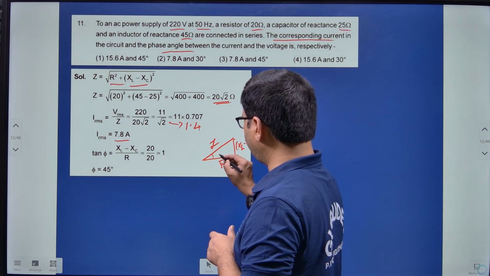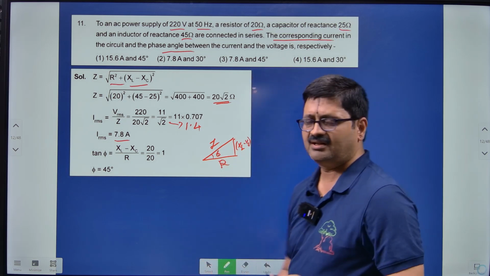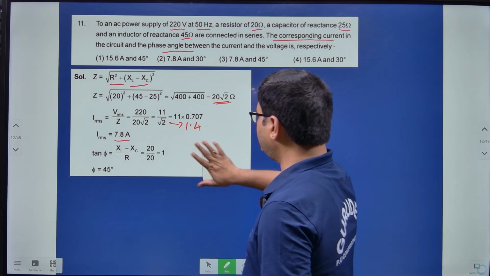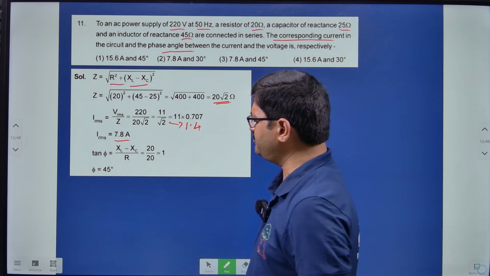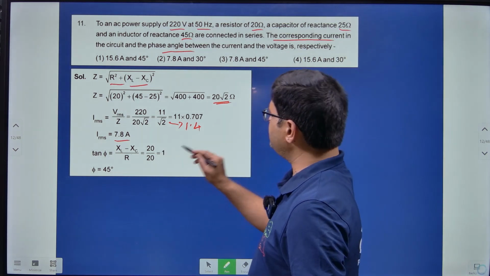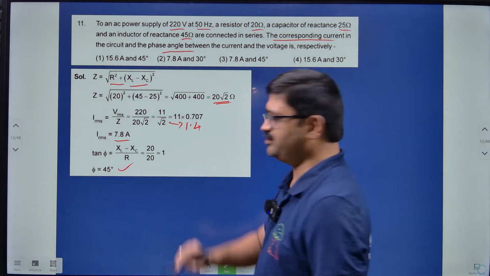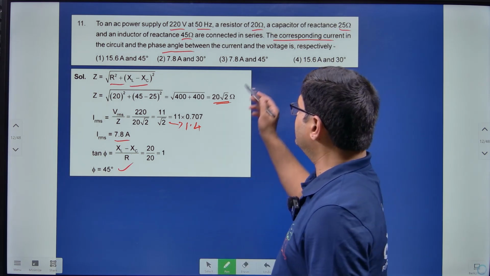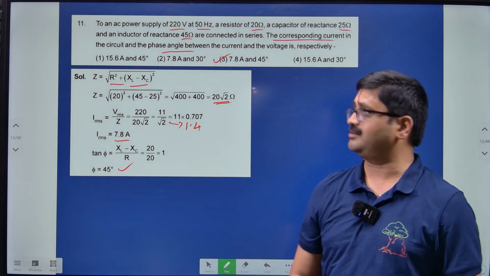So hence we can clearly understand this is the phase angle here, is it not? Okay. So over here we can understand that it should be XL minus XC by R. Very easily we can get like this. So XL minus XC is how much? 20, and R is how much? 20. So phase angle should be how much? 45 degree. So hence which option matches here? 7.8 ampere and 45 degree. Okay.